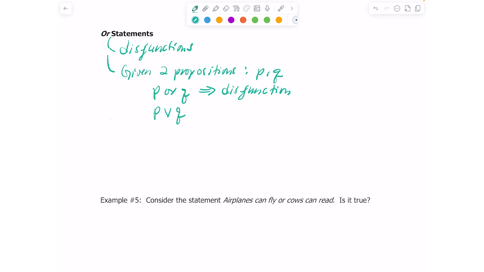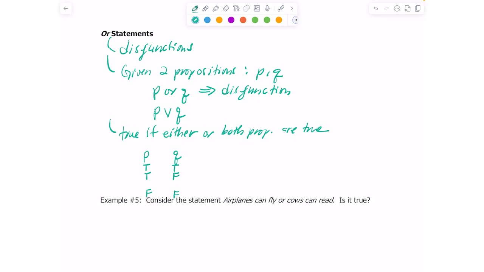It's true if either or both propositions are true, because we're using the inclusive or. So it's not like an and, where both propositions have to be true for it to be true overall. If you were to look at a truth table, you have two statements, P and Q, and P and Q could both be true, both be false, or you can have a combination. P could be true and Q false, or P false and Q true.